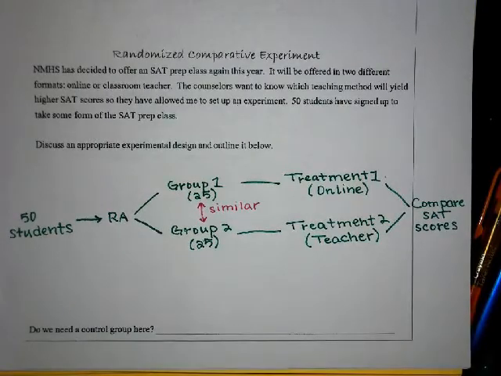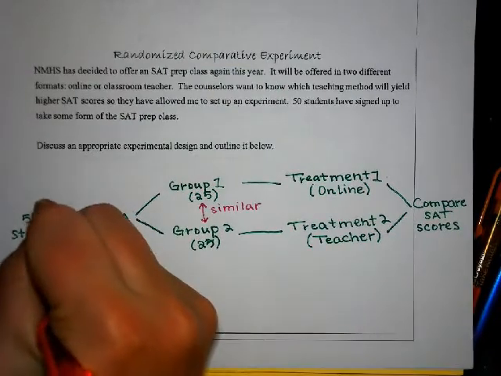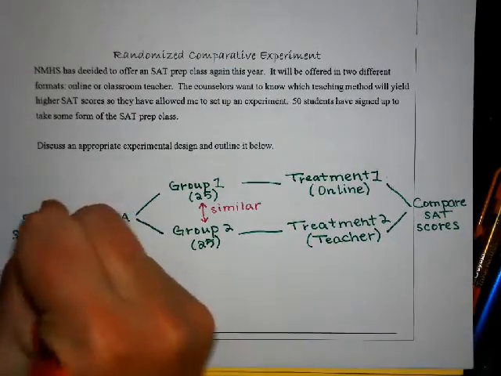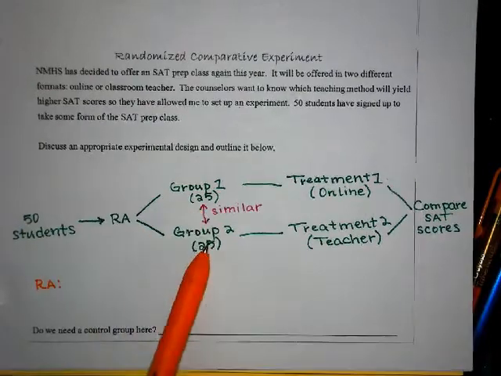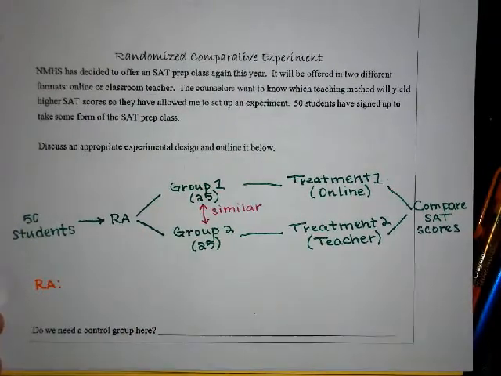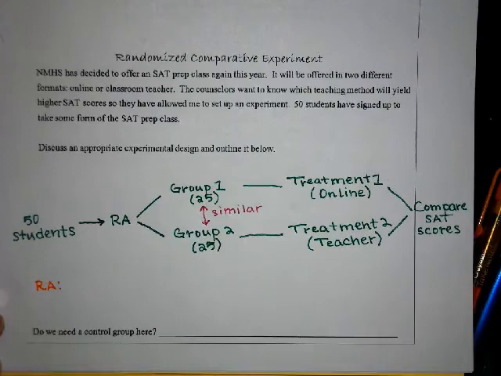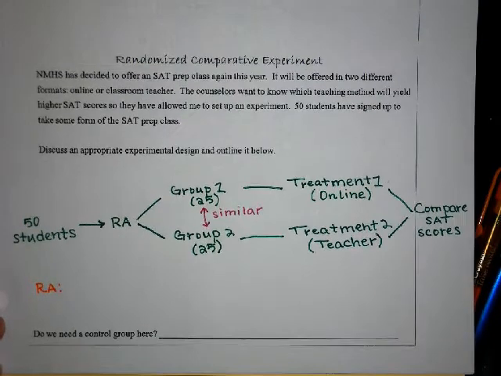So I think I'll use a different color. Random assignment has to use a chance process. So like I said, because there's 2 treatments, you could use a coin. Well, let's start here.